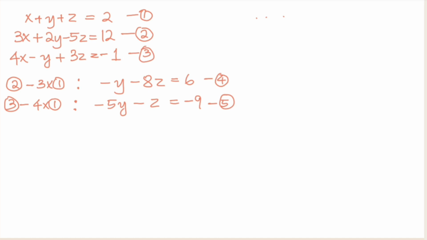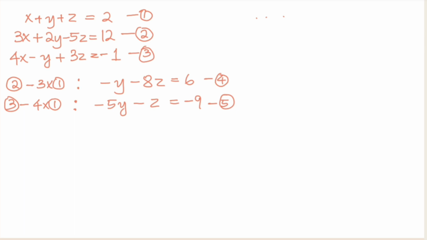And now we have equations 4 and 5, which are just equations in y and z. So minus y minus 8z equals 6, and then minus 5y minus z equals minus 9. So here too, we can eliminate y from the second equation, and we can do that.